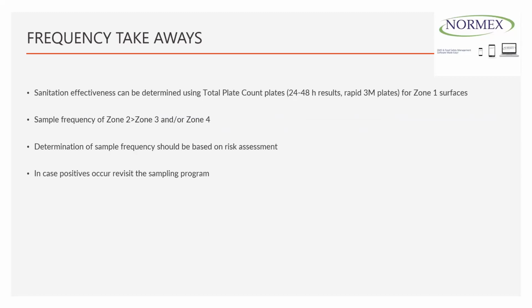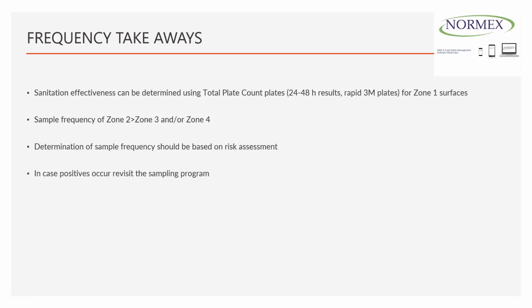So some of the takeaways on frequency: sanitation effectiveness can be determined using the total plate count, the 3M plates, the rapid result plate, or the rapid Listeria plates that we have for zone 1 surfaces, which I think is a very good practice to be done in a raw produce facility or maybe in the dairy industry as well, where there's high chances of having any such presence.